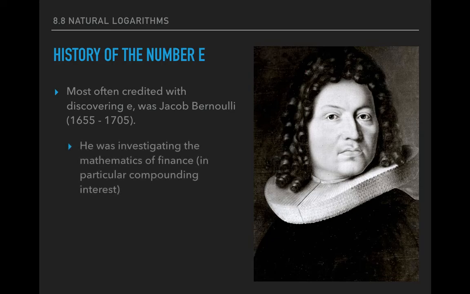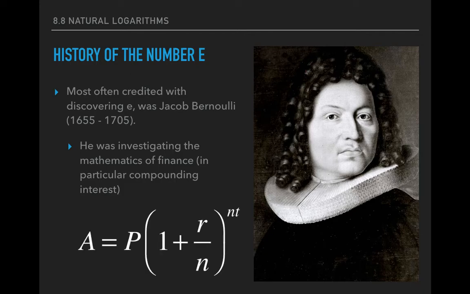He was investigating the mathematics of finance, which, yes, ladies and gentlemen, means talking money. He was looking at, in particular, compound interest, which we've studied. You've seen this formula used to determine interest of an investment over time, where remember, P is what you start with, the principal, r is your rate, n is the number of times it's compounded, and t is the number of years.